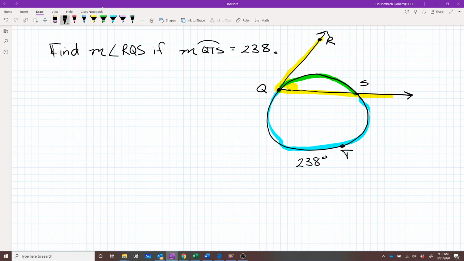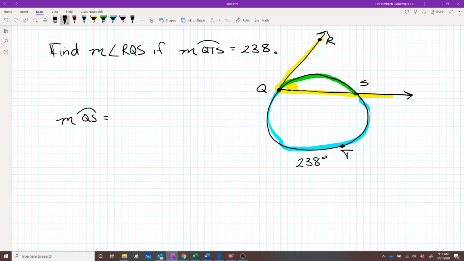So let's find the measure of arc QS first. Oh, I'm sorry, let's do this. Green arc and blue arc need to sum to 360.